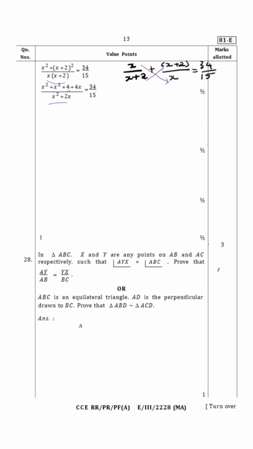Now let us cross multiply. Before that, x square plus x square is equal to 2x square plus 4x plus 4 upon x square plus 2x. Here cross multiply: 15 into 2x square plus 4x plus 4 is equal to 34 into x square plus 2x.